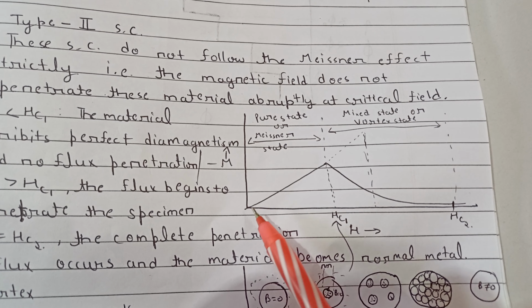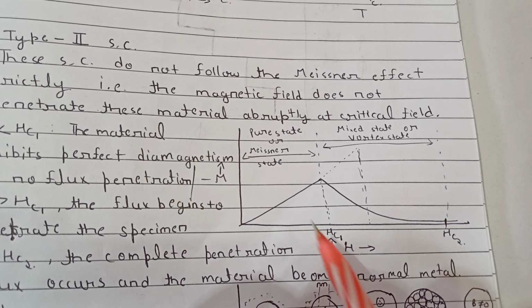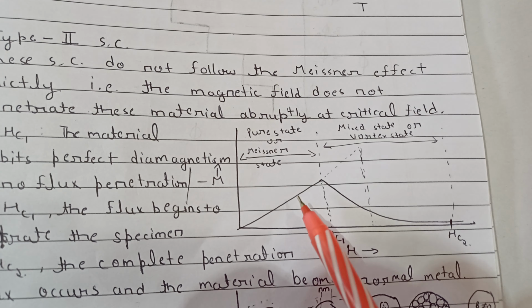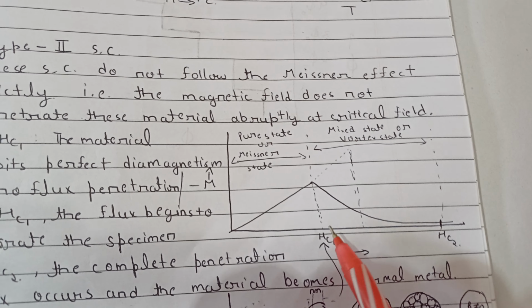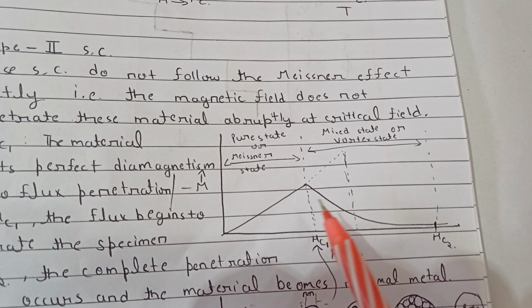Up to HC1 it follows the same rule: M equals minus H, and it cancels out all the magnetic field inside, so the magnetic flux will be zero. But when the field is greater than HC1, then M starts to decrease.